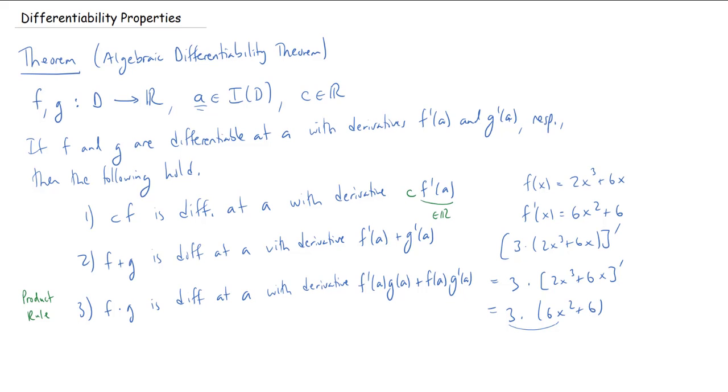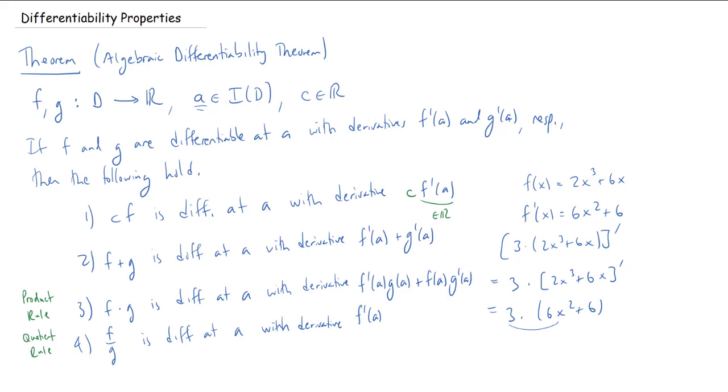Okay, unsurprisingly, then you also need to know the quotient rule. So that's what's coming here next. So the quotient rule says, well, what if we have f divided by g? And unsurprisingly, this will also be differentiable at a. And because we know about the quotient rule, we know that the derivative is not just f of a over g of a.